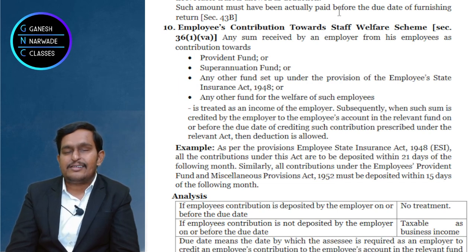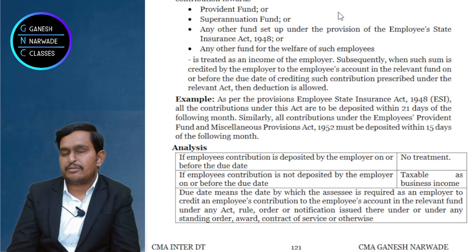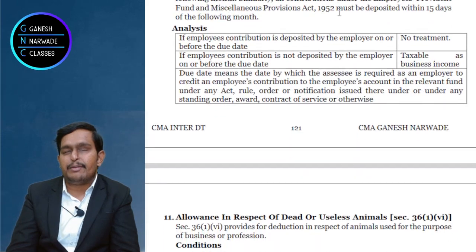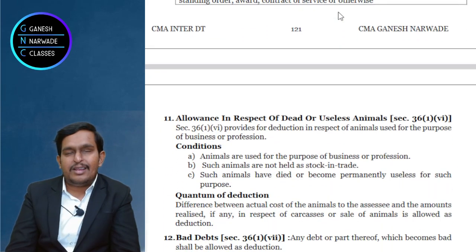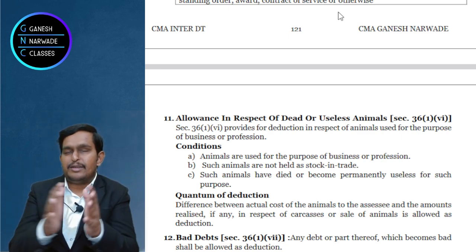Now let us discuss in relation to dead animals. You get deduction under section 36 subsection 1 clause 6. Simply remember, animals are used in many businesses, especially agriculture related businesses.